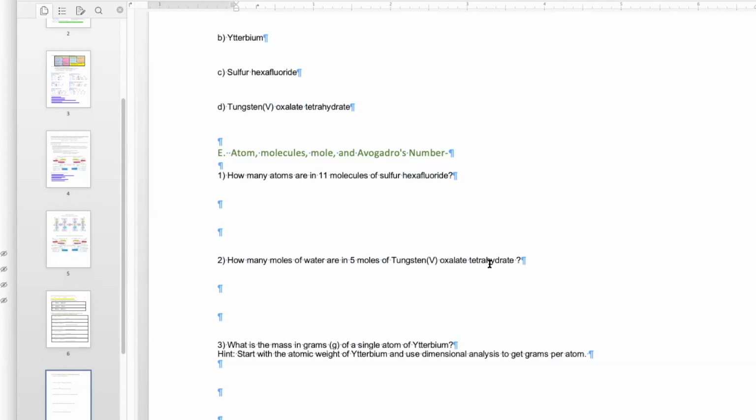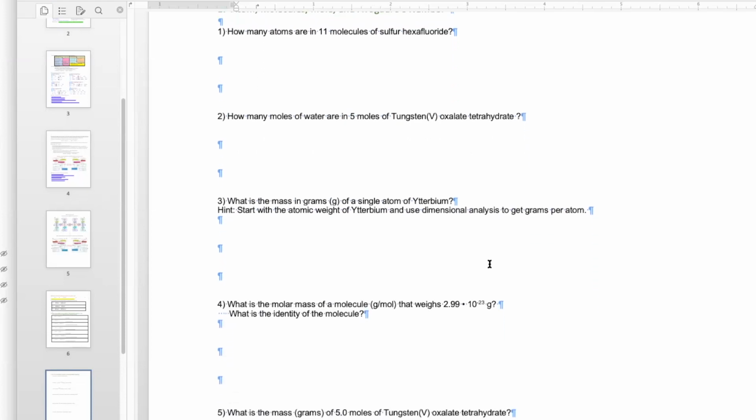You can use dimensional analysis, and the conversion factor is for every 1 mole of tungsten 5 oxalate tetrahydrate, you got 4 moles of water. That's your conversion factor. So if you got 5 moles of that, how many moles of water do you have? Again, the best approach is dimensional analysis. You have to find the conversion factor, okay?